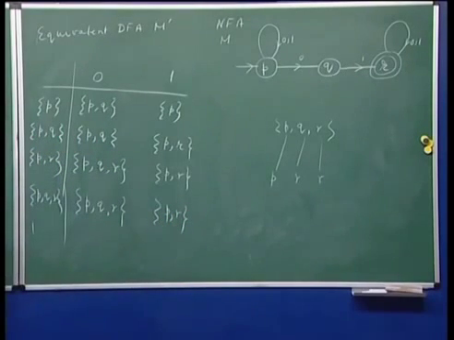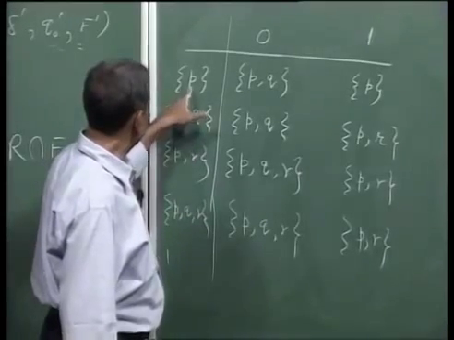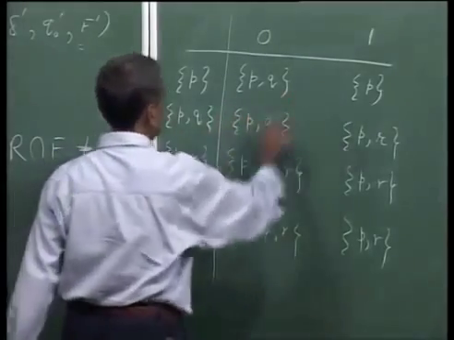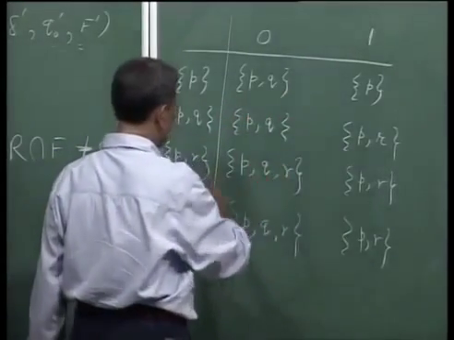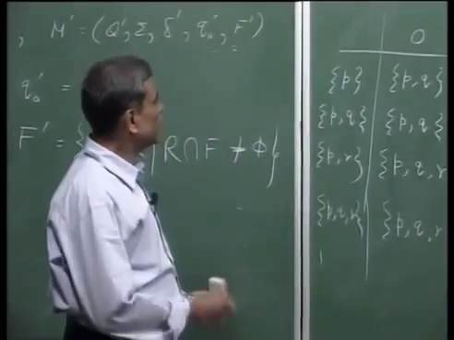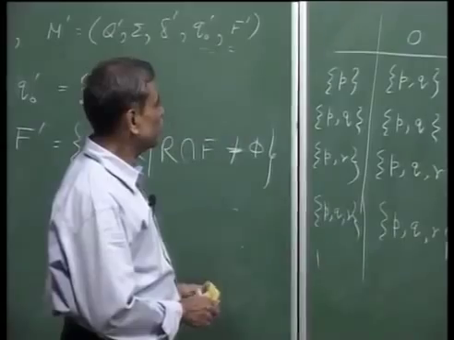Right. So, now you see all the states, these are the reachable states, P, PQ, etc. And so, therefore, we have completed the description of the DFA.